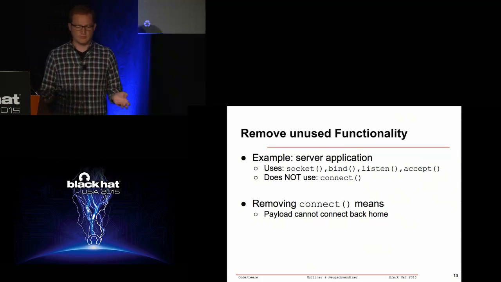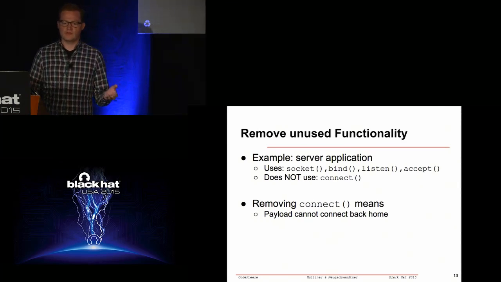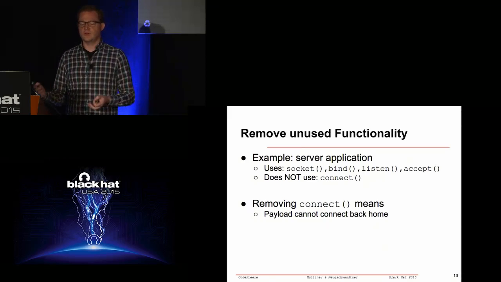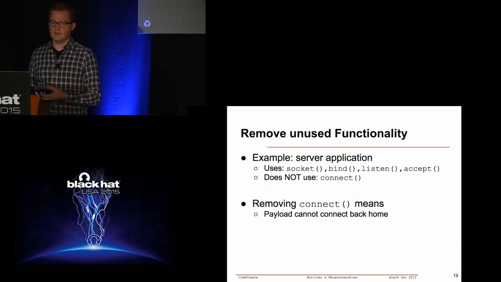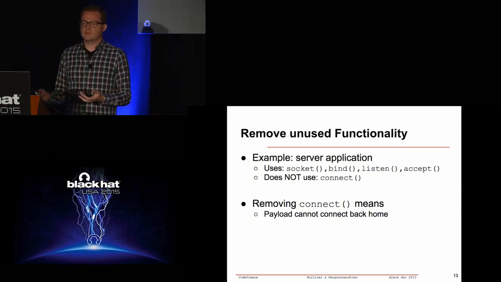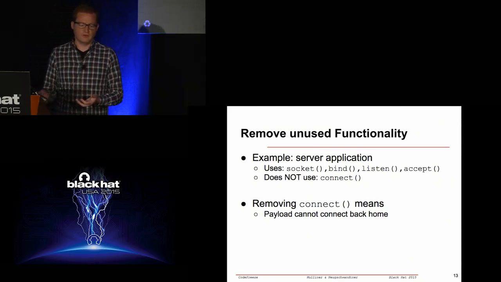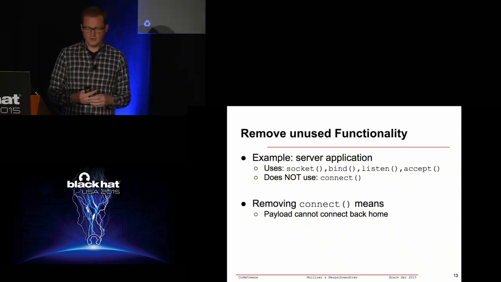A very, very simple example: you have some server application, and the server might use functions like socket, bind, and listen to accept new connections and handle them. But the server application might not use connect, because it never connects out.